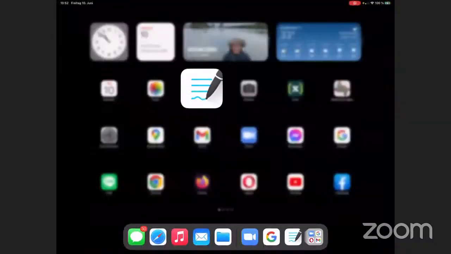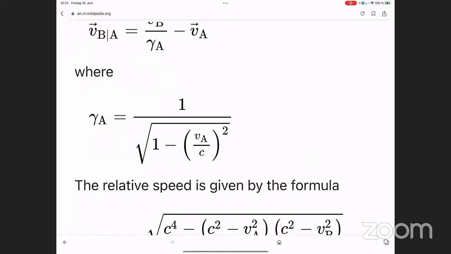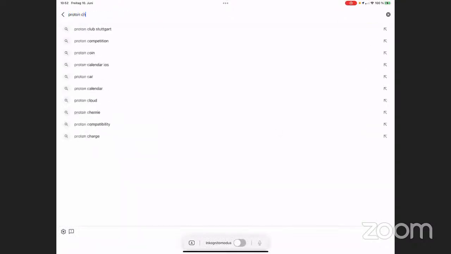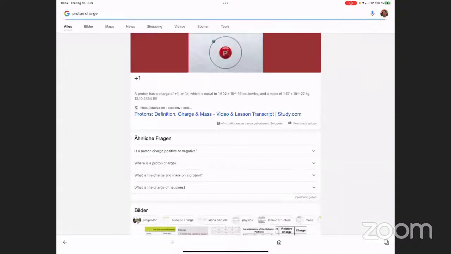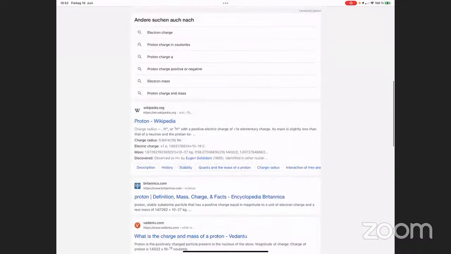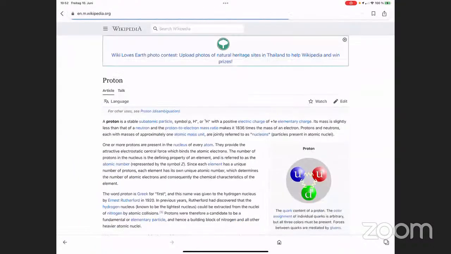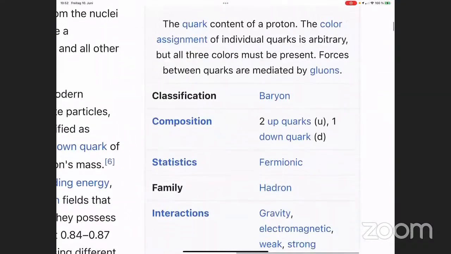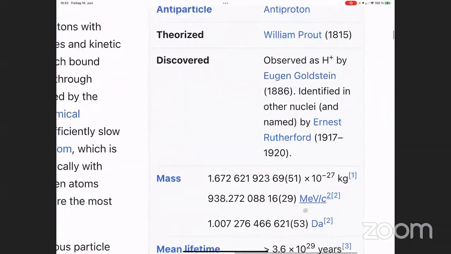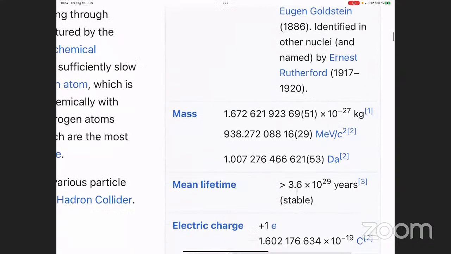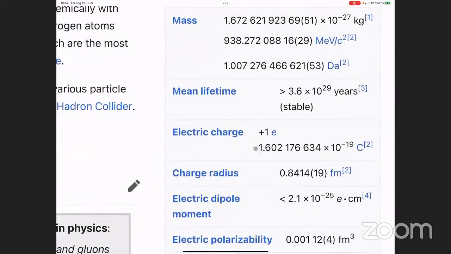If you want to see the exact value of the electron charge, it is here. Electric charge is 1.602176634.